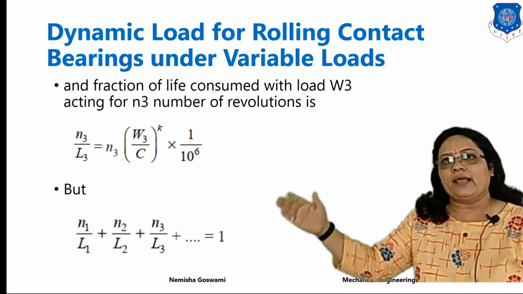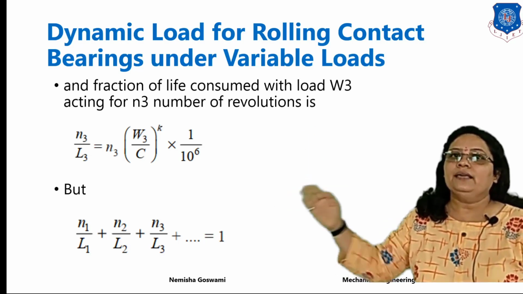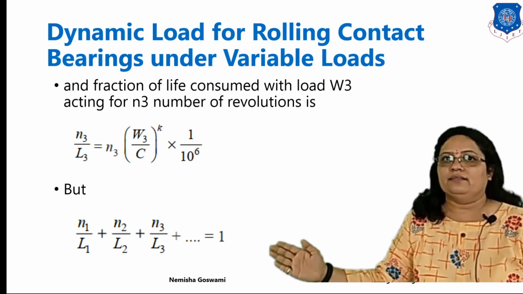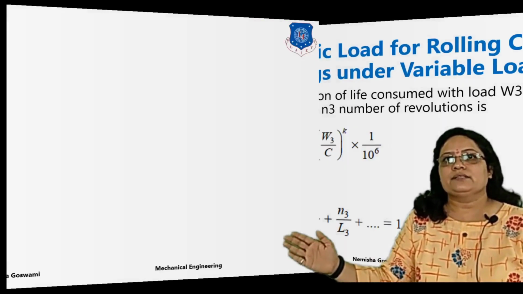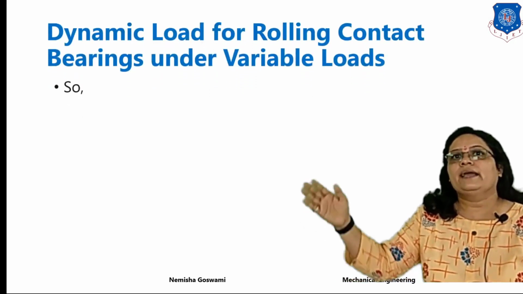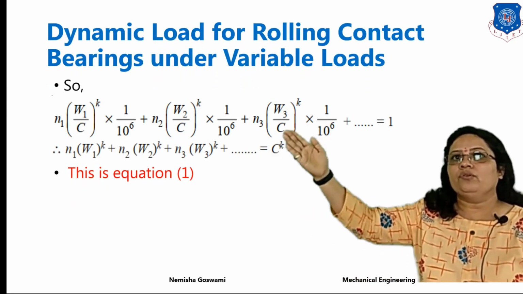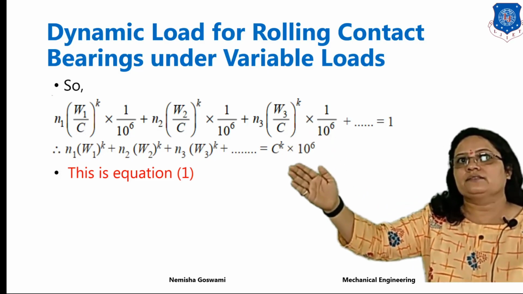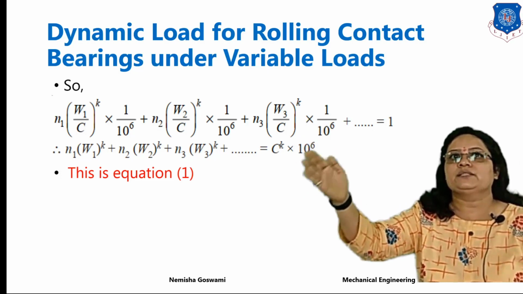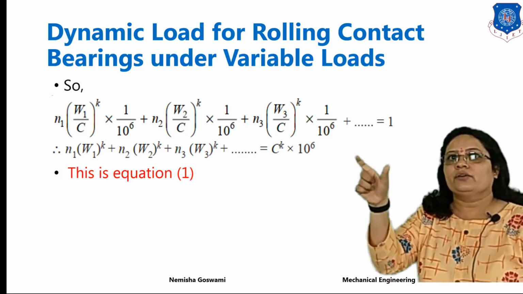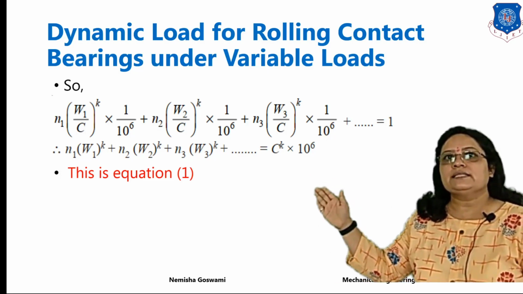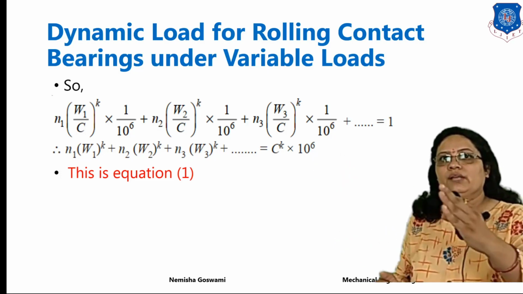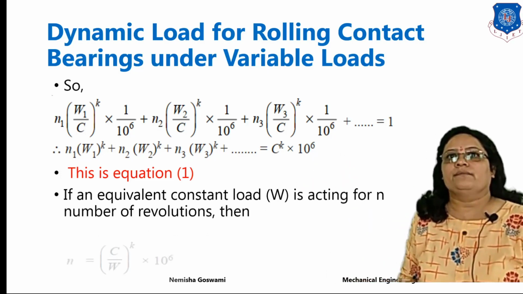So we put all three equations into this equation. Next step: you will get N1 W1 upon C, to the power k, multiplied by 1 upon 10 to the power 6, similarly for N2 and N3, and the sum is equal to 1. C and 10 to the power 6 are constants, so this value comes to the right side. This is your equation number 1.